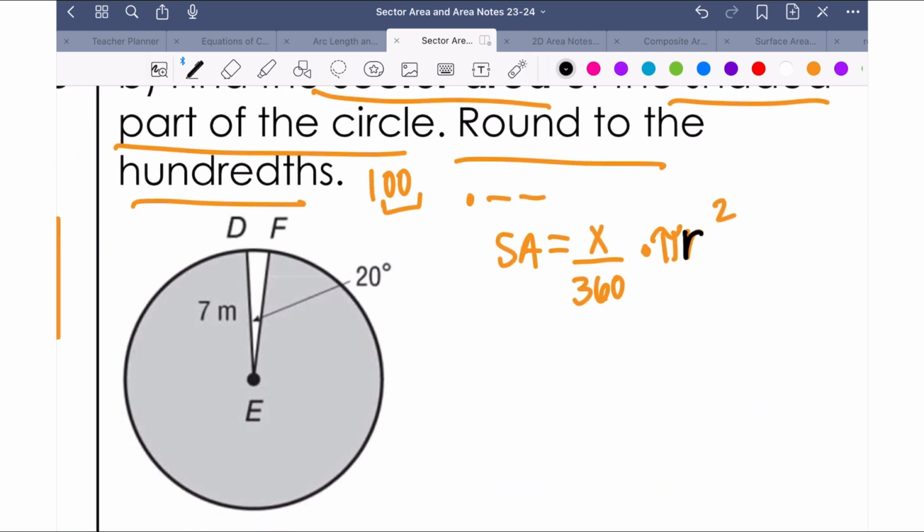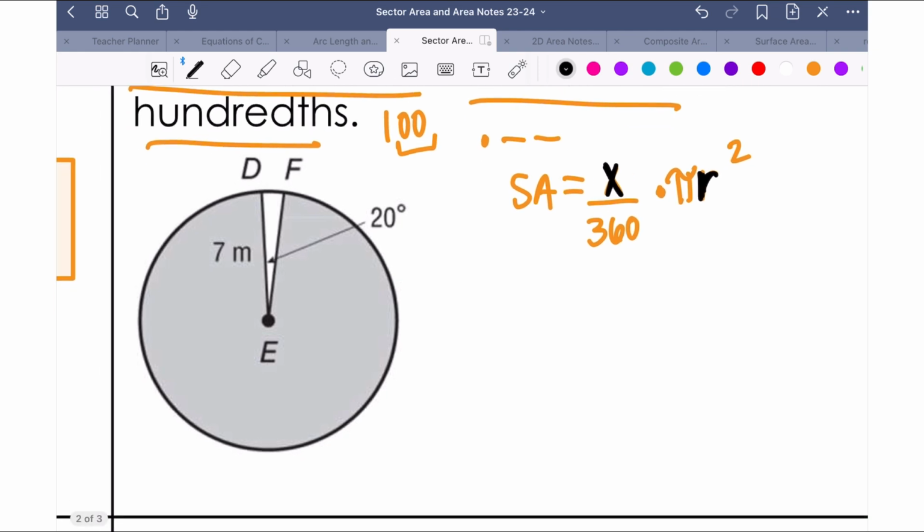We need to plug in the radius, and we need to plug in the section, the portion that we're finding. Looking at this circle, the radius is 7, so I have that. And this small non-shaded area is 20 degrees, so I need to find the rest of the portion. How are we going to do that?